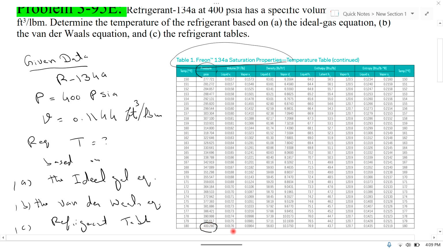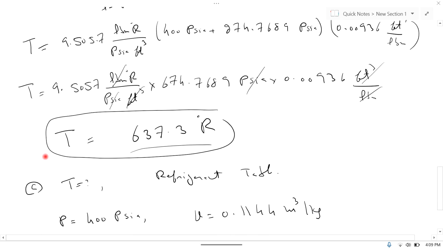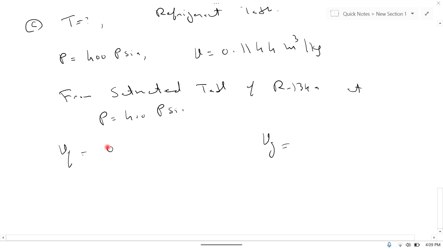So here Vf is 0.016 and Vg is 0.0964. Vf is equal to 0.016 cubic feet per pound mass, and Vg is equal to 0.0964 cubic feet per pound mass.